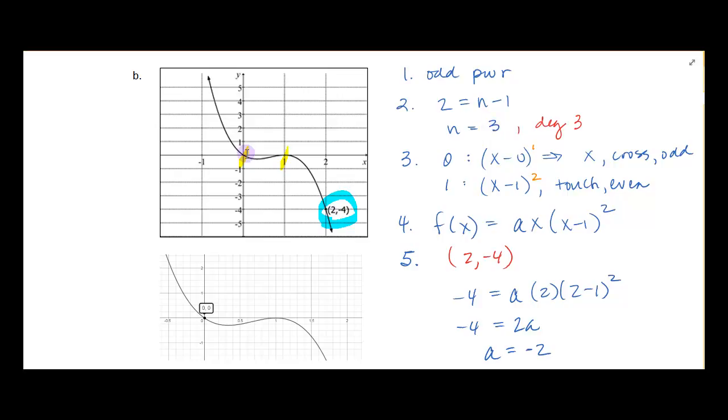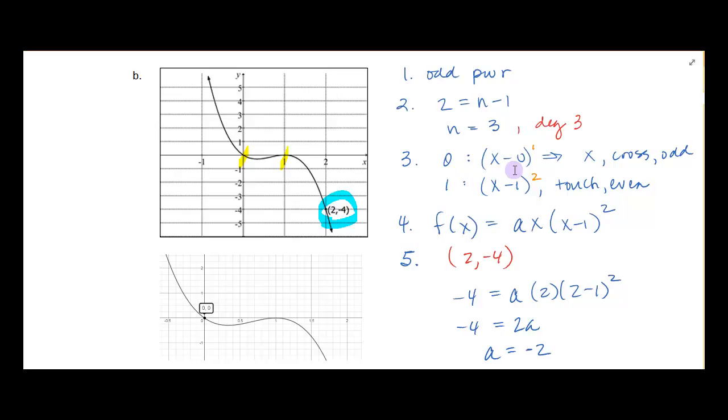We have intercepts or roots occurring at 0 and 1. Now, how do we handle that? For my 0 root, it would look like x minus 0 if we were to write it that way, which really just comes out as x. And then we have 1, which looks like x minus 1.